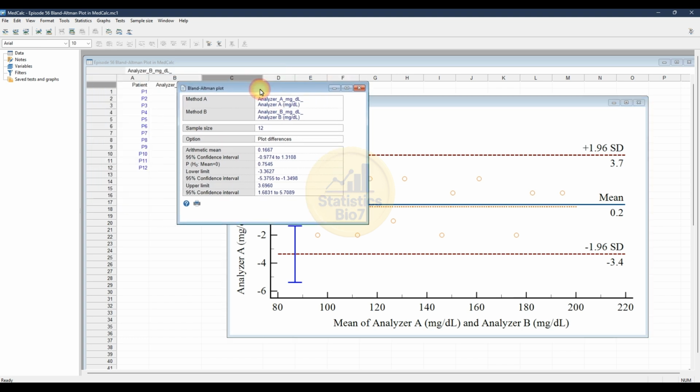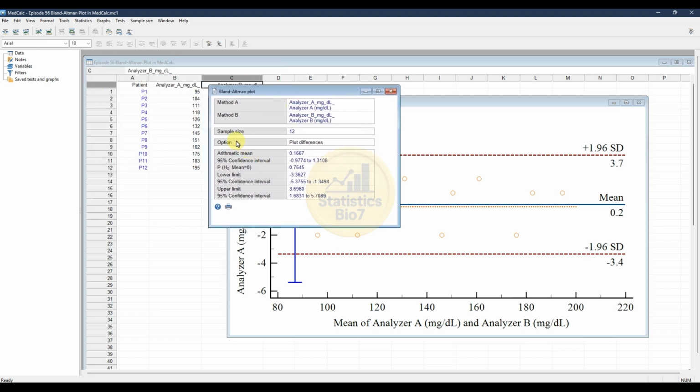And the data analysis result: the sample size is 12 and the arithmetic mean value is 0.1667, with 95% confidence interval from minus 0.9 to 1.31 and p value 0.75.